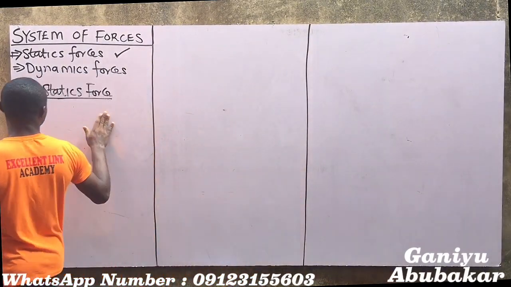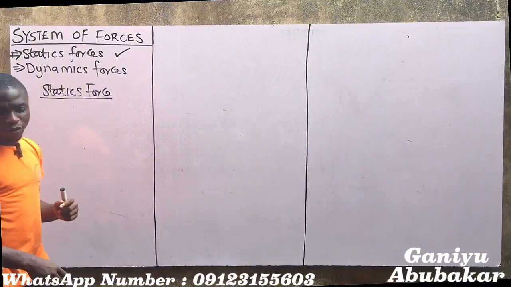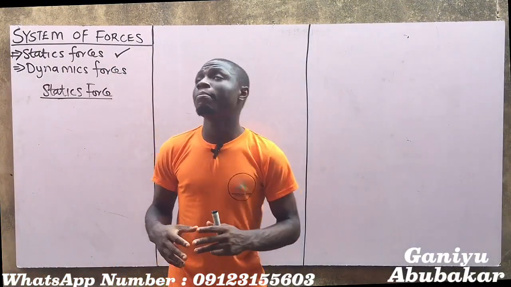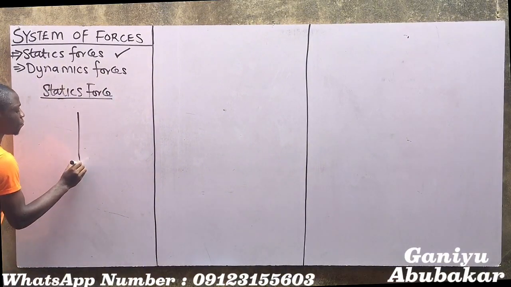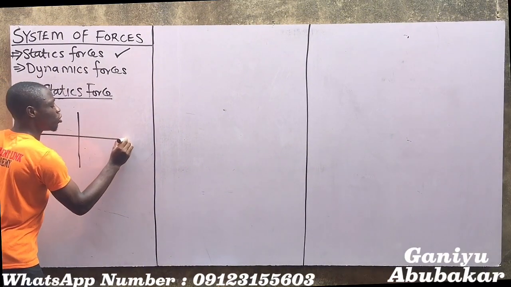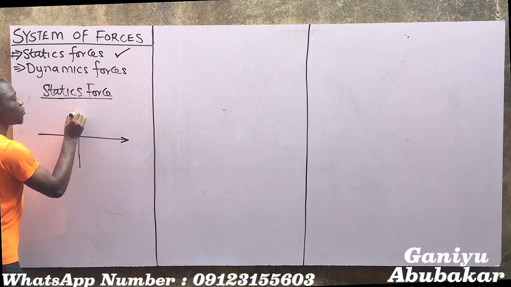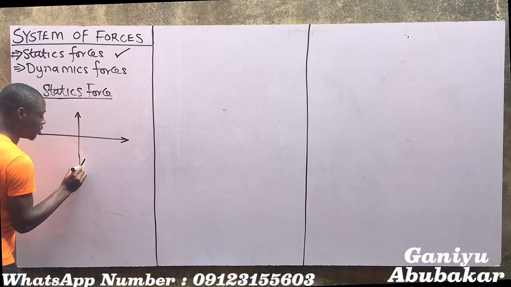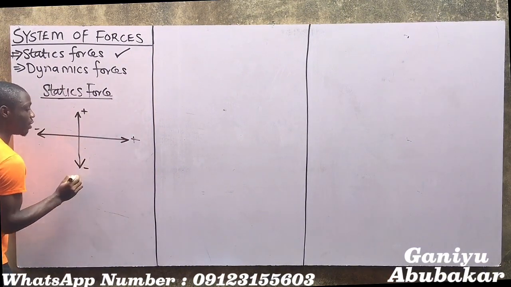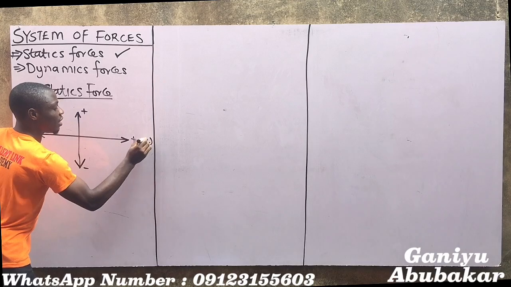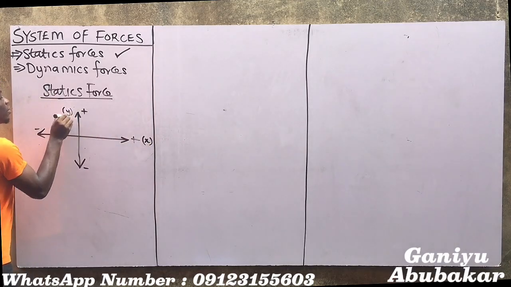The graph of static force looks something like this. This is plus, minus, plus, and minus. We call this the X axis and this the Y axis.